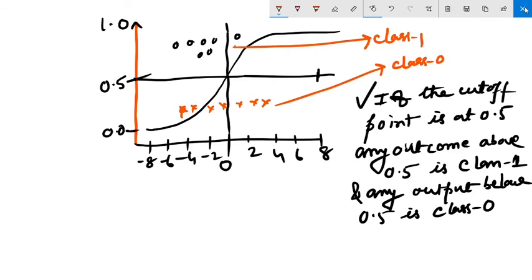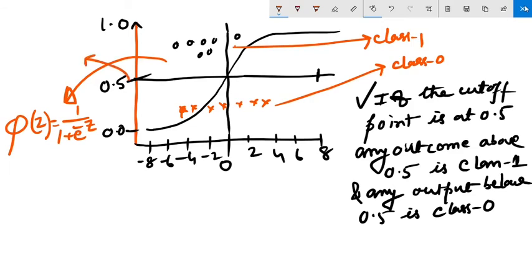So this is what logistic regression is, slightly different. We can write the logistic regression function as phi(z) equal to 1 over 1 plus e to the power minus z, and this point can be considered as p.